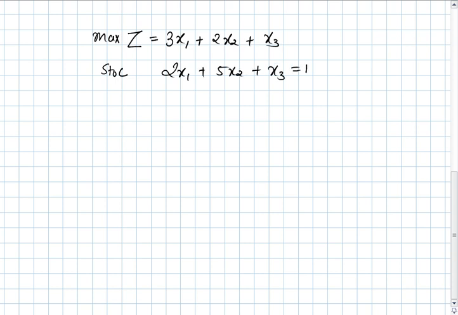First problem: you have to maximize z equals 3x1 plus 2x2 plus x3 subject to the constraints 2x1 plus 5x2 plus x3 equals 12 and 3x1 plus 4x2 equals 11, with x1, x2 and x3 greater than or equal to 0.